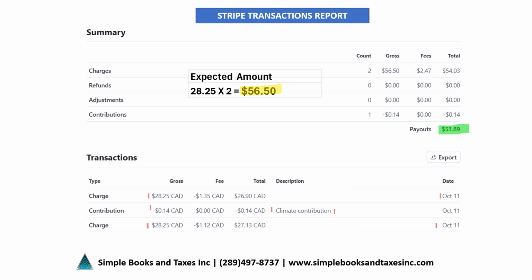So that's why we can see the difference in the amount of the fees and the total amount of both invoices. So at the beginning, we expected that both invoices will be paid in full. So this is the amount that we expected, but actually we are going to receive this amount in cash in our bank, and the difference will be the total amount of the fees of both invoices and the climate contribution that were deducted.